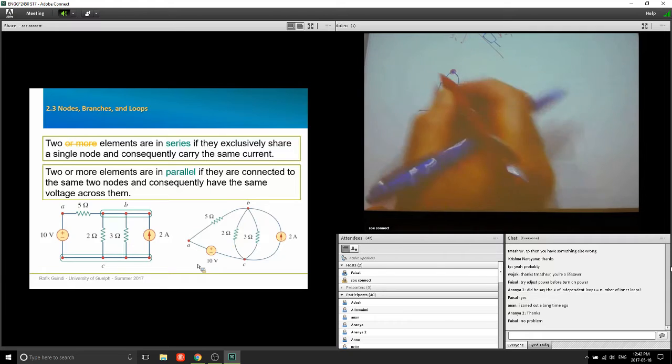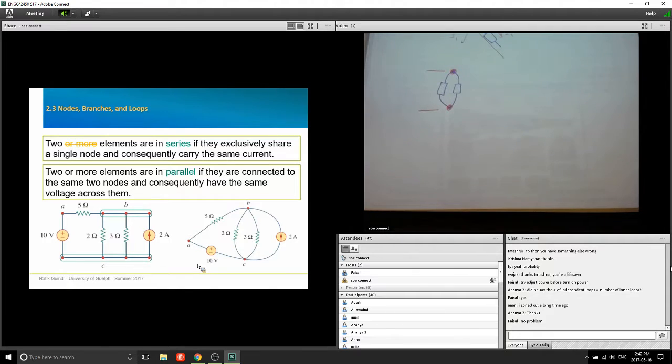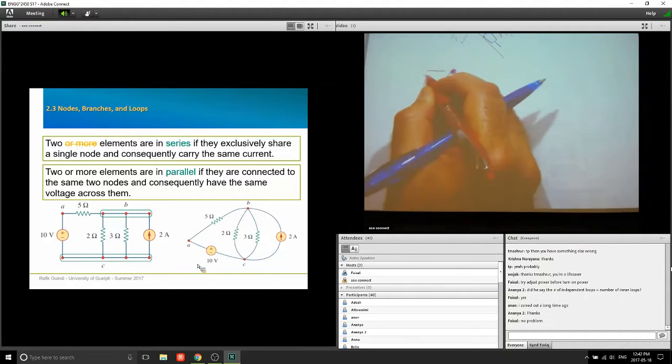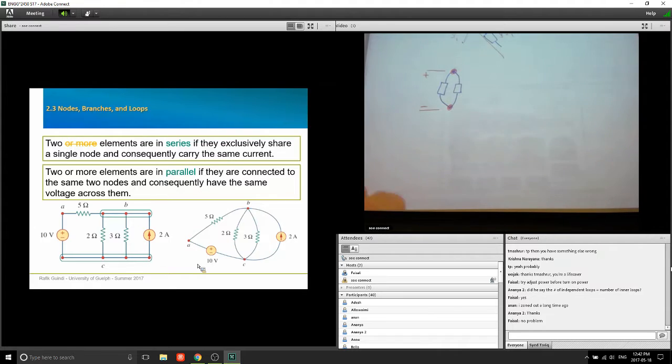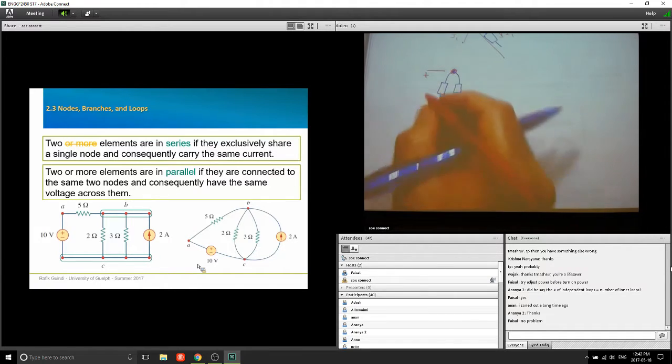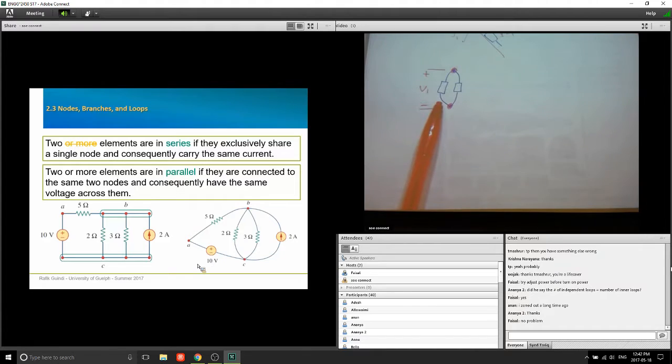If you have a voltage difference or a voltage drop or a potential difference across these 2 nodes, it would apply to both elements. It would be the same. So if you have a voltage V1 across the first element, it's exactly the same voltage V1 across the second element. And that's what it means that they are in parallel.